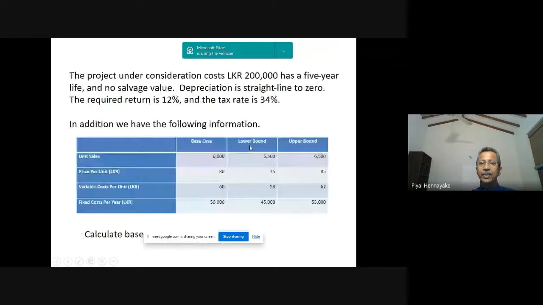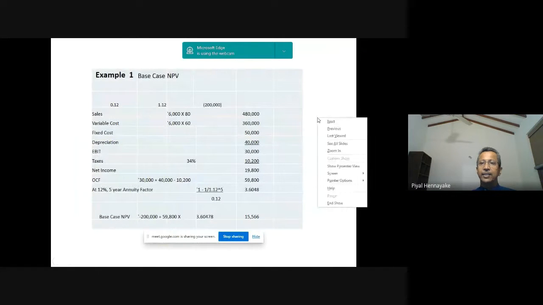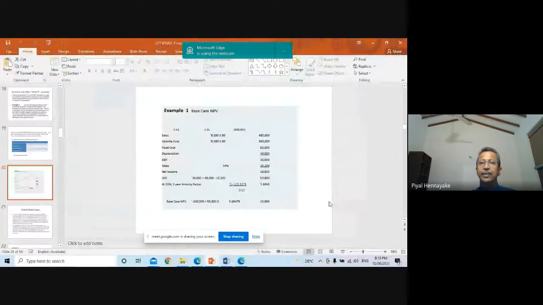You are familiar with both techniques, scenario and sensitivity analysis. Then I already explained there will be a question related to assignment 3. So that's also there.